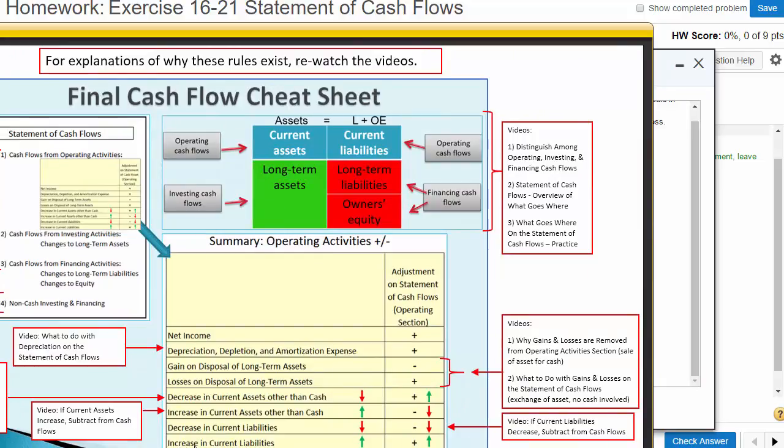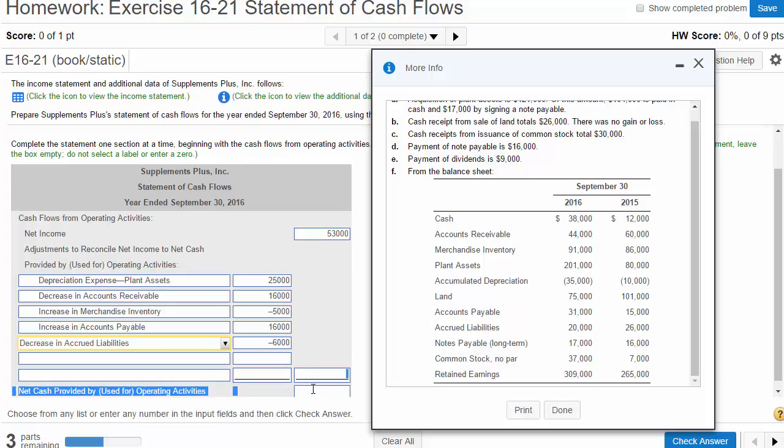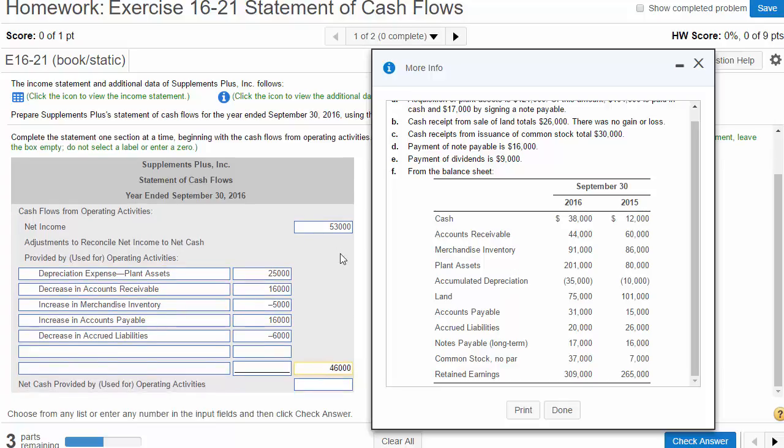And notice we are now done with the operating section. So our next task is to sum these, and we should get positive $46,000. And then we're going to add that to the $53,000 and we get $99,000. Because this is a positive number, that means we have positive cash flow from operating activities. That's very good.